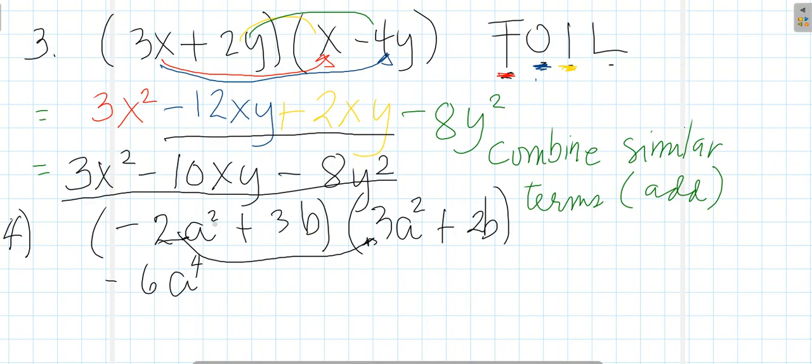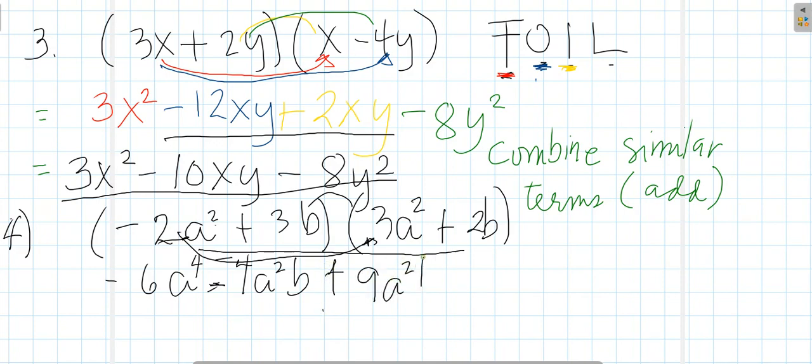Then negative 2 times 2b is negative 4a squared b. Here, positive 3 times 3 is 9a squared b. Then the last term times the last term is 6b squared.